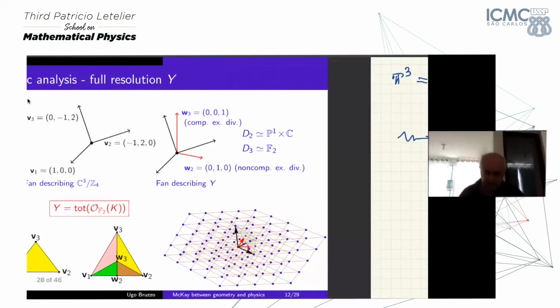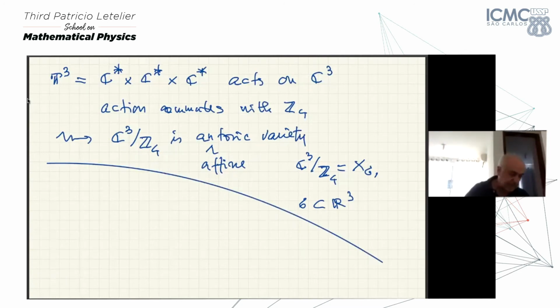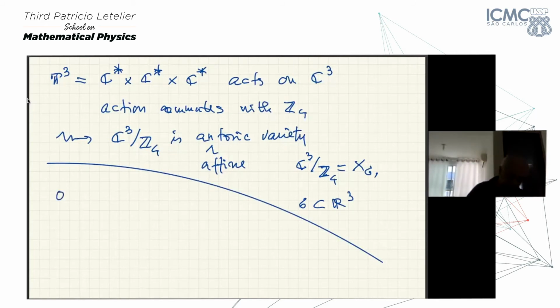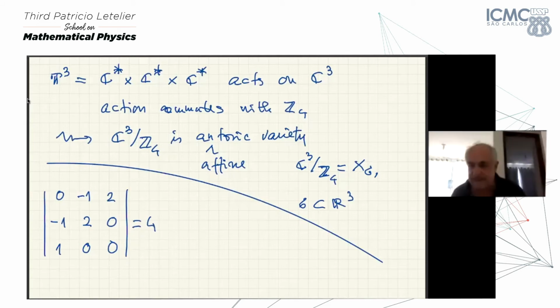Now, if we organize these vectors in a matrix, we get the following. And the determinant of this matrix is 4. And indeed, we are describing a singular variety.